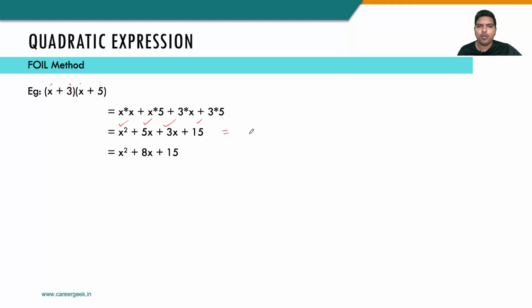Okay, so one important thing here, this is used a lot if I have to take x common for this split term. Then this step comes, right? So 5x plus 3x, since they are similar terms, we can add, 8x. So this is how the FOIL method works. Okay, make sure you write all of this and the examples. If you want, take some more examples and solve for yourself.